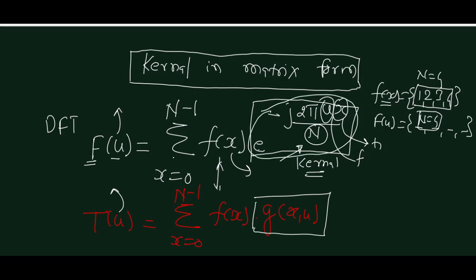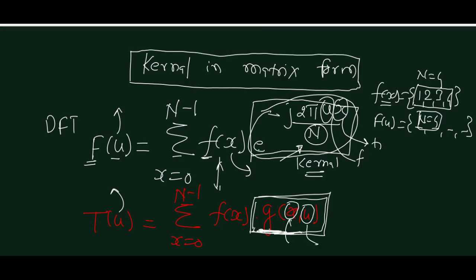This summation sign will be as it is for the one dimensional signal. This f of x will be as it is. Only the kernel is going to change. That's why we are writing g of x comma u. This is the kernel part. So in a more generalized equation, we write this generalized term for the kernel. This kernel is made up of two variables in this one dimensional transformation, x and u.